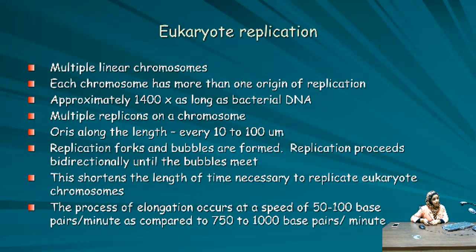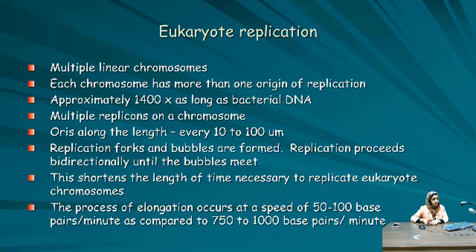Eukaryote replication, multiple linear chromosomes. Each chromosome has more than one origin of replication, but prokaryotes have one origin of replication.